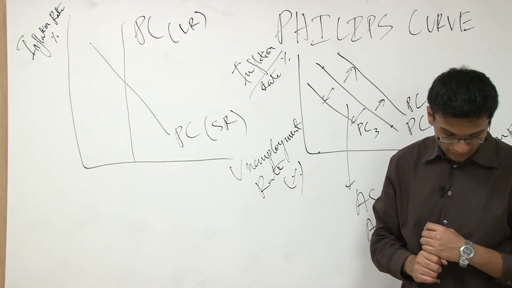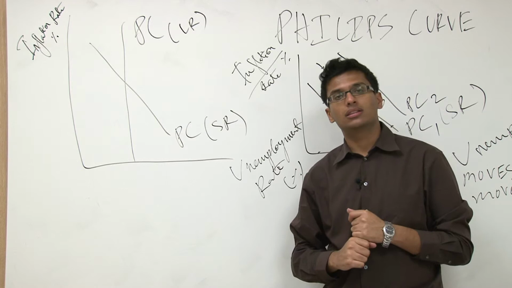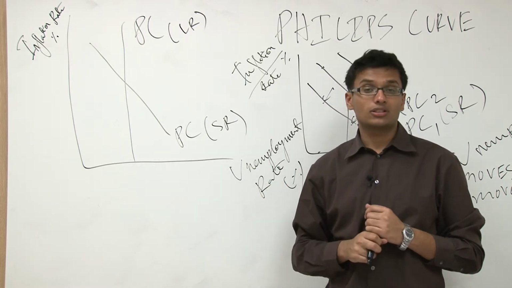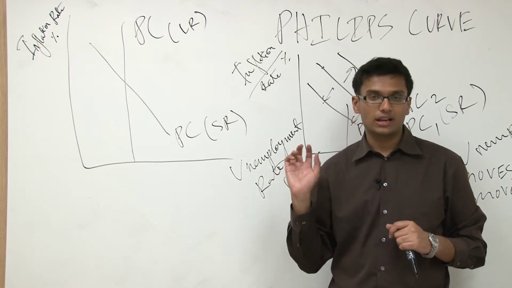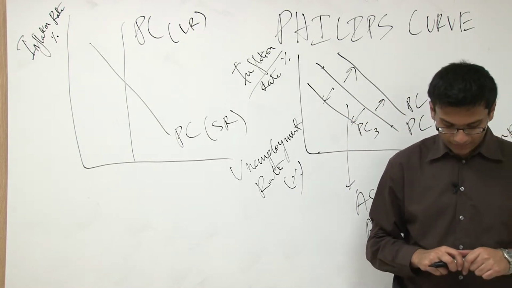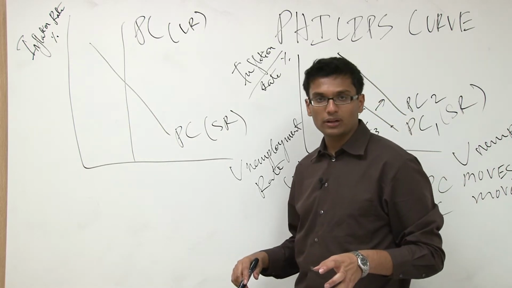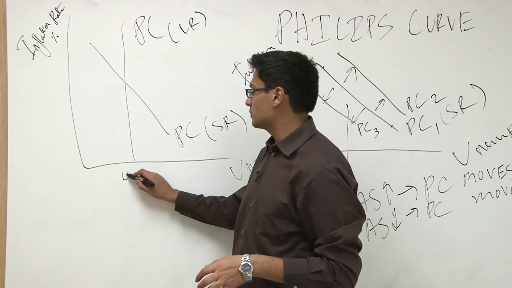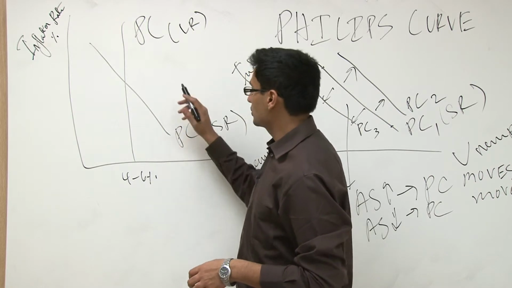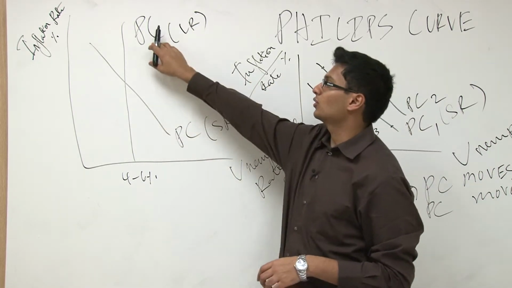Now, remember the natural rate of unemployment in the SRAS and LRAS curves. When you graph the LRAS, it's actually at the natural rate of unemployment. So similarly, this is supposed to be at 4% or whatever it is. It's debatable what the natural rate of unemployment is, but let's say it's between 4 to 6%. The Phillips curve is the same thing. So when you have a Phillips curve in the long run, at 4 to 6%, it's a vertical line.